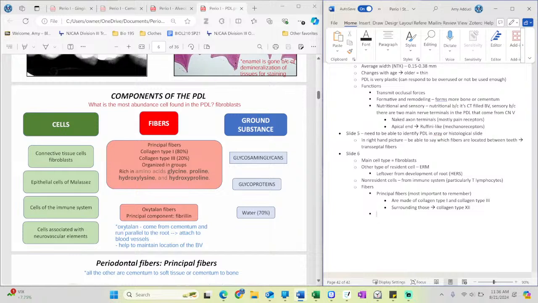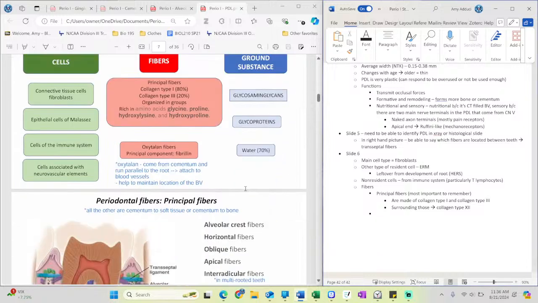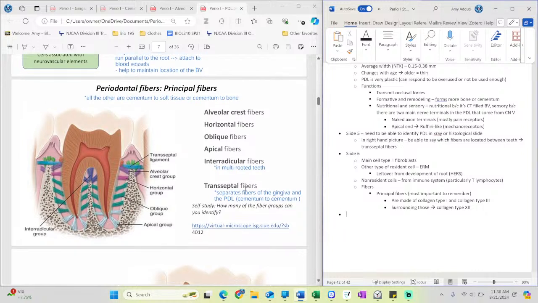These fibers are organized in groups. That's another thing that you need to be able to identify in a diagram like this one. You need to be able to name each of these fiber groups, identify them in a schematic diagram like this, and tell what they are responsible for.